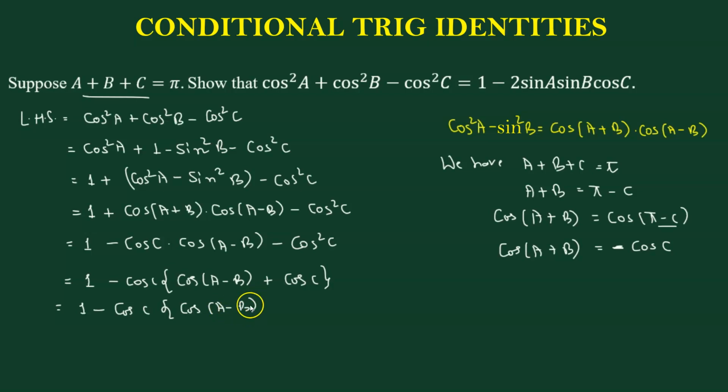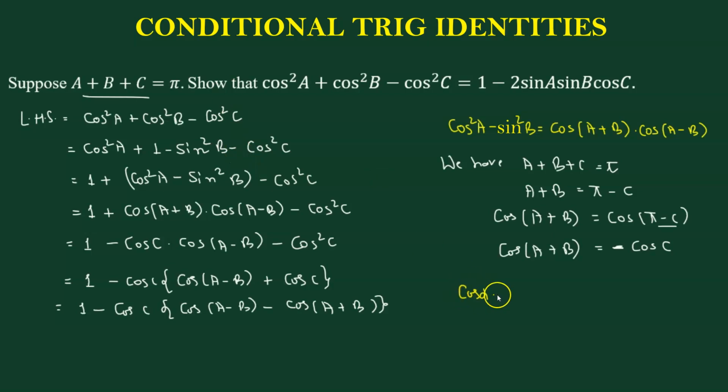Here, we change cosine of c back to cosine of a plus b, but we need the negative sign as well, so we have negative cosine of the angle a plus b. Now we can combine cosine of a minus b minus cosine of a plus b, because again we have a standard formula.